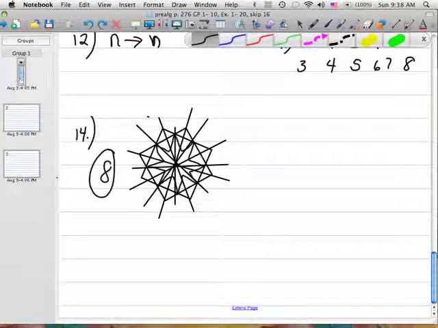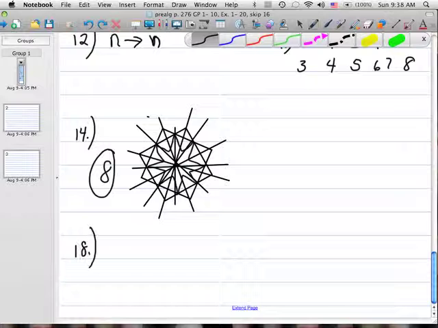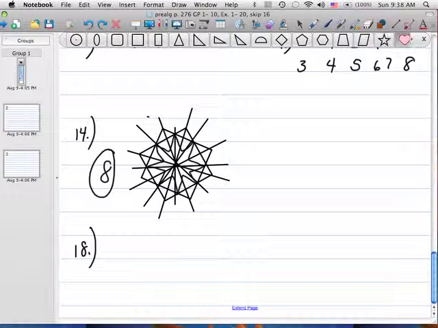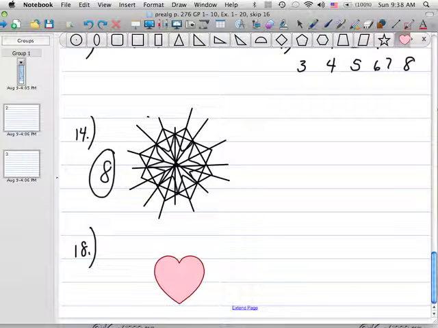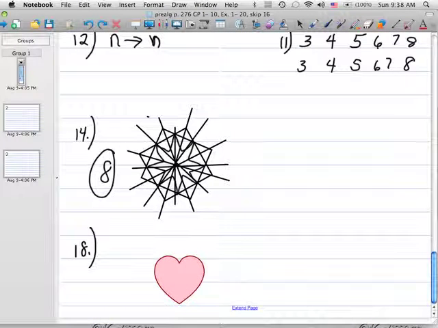Problem number 16 you skip, and then we have 17 through 20. And these are to see if the figure that we have here has rotational symmetry. So if we draw the heart and we rotate it, let's duplicate it first.